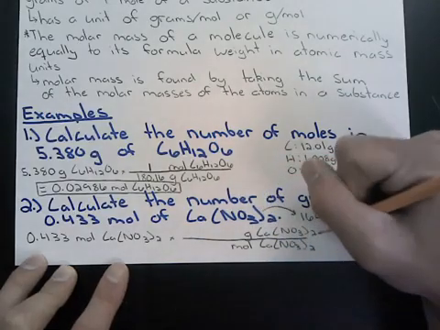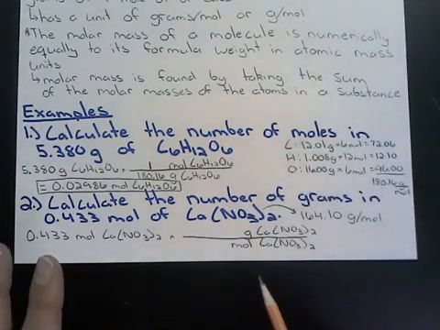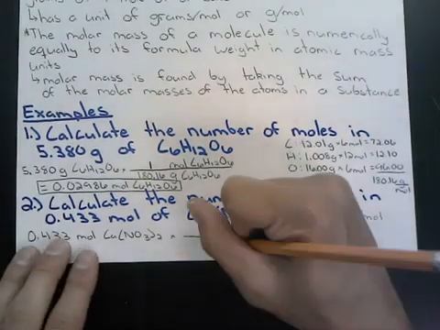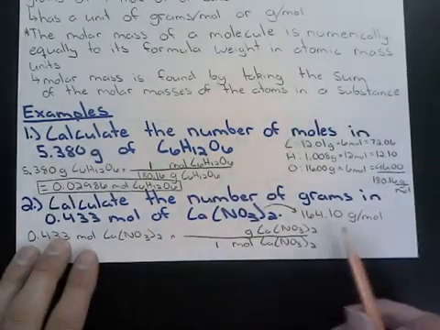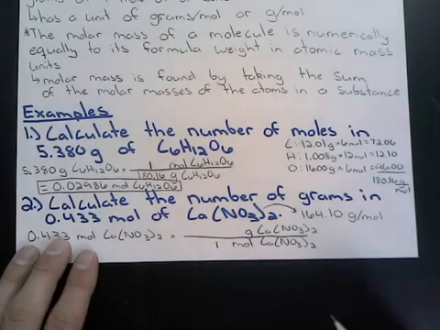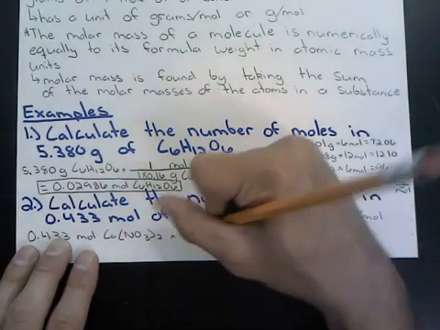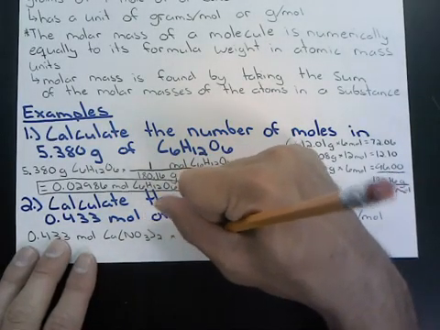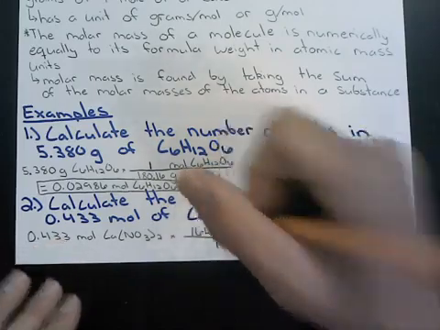Now again, in this case, 1 is always going to be associated with moles, and then the number of grams is what we calculated, or in this case what I gave you. So we have 164.10 grams.